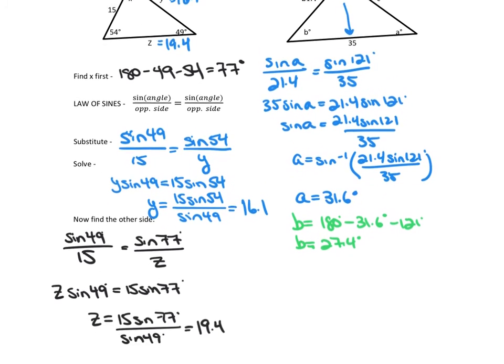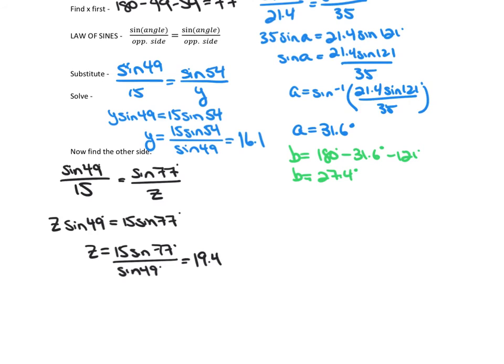Our last step is to find C. So we'll set up another proportion where we use the sine of 121 over 35 equals the sine of angle B, so the sine of 27.4 degrees over side C.